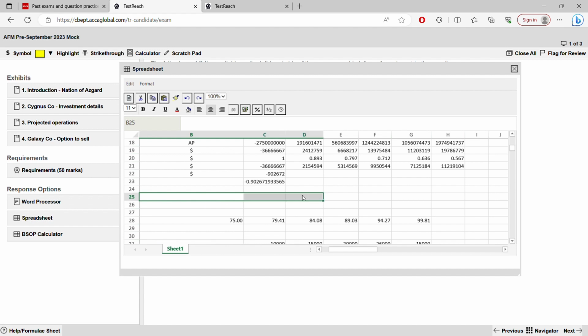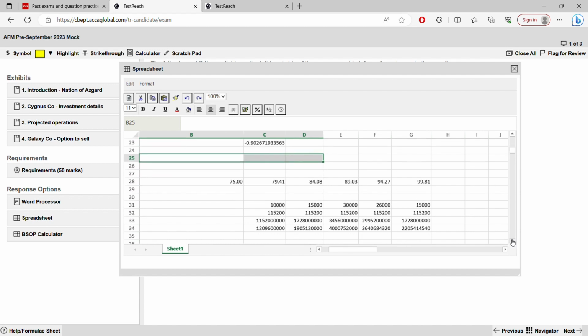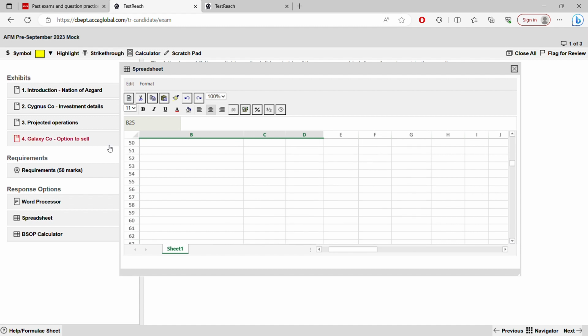Okay, now what's next? Next is appendix 2. Okay, so first appendix 1, under that comes your working for appendix 1, then appendix 2. Okay, follow this structure.